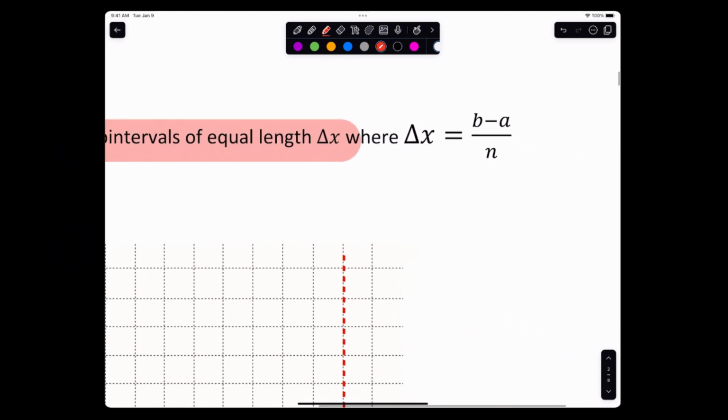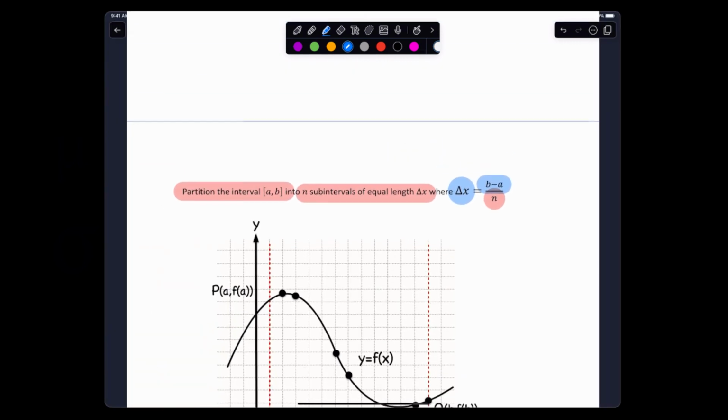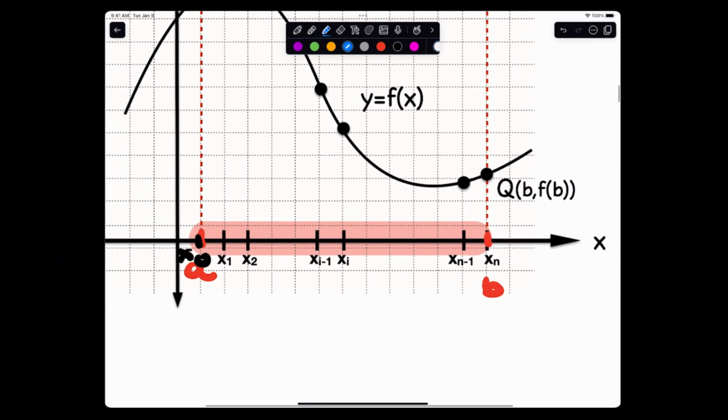Now, in order to do that, you need the length of the whole interval. And then you divide by the number of partitions. That is called your delta x. All right, so you get the whole length of the interval, which is B minus A, and divide by the number of partitions. And that's kind of the picture they're talking about here. You partition these intervals into n subintervals here. And then that's why you're going to see these subscripts x1, x2, so on, all the way up to xi minus 1, xn minus 1, xn.